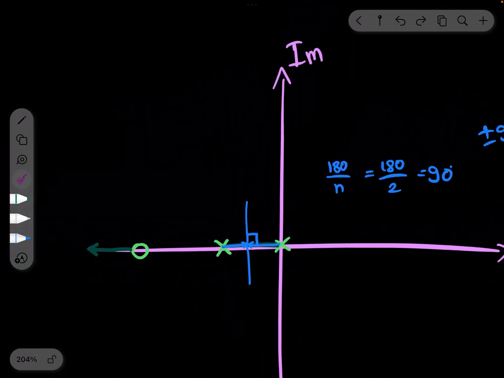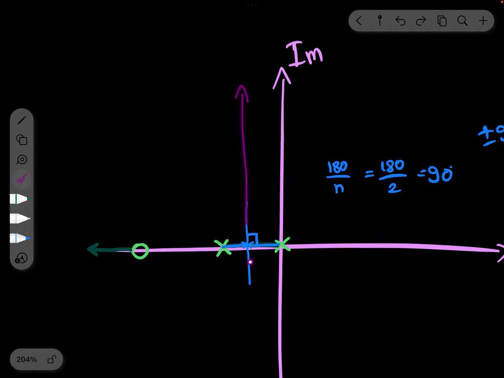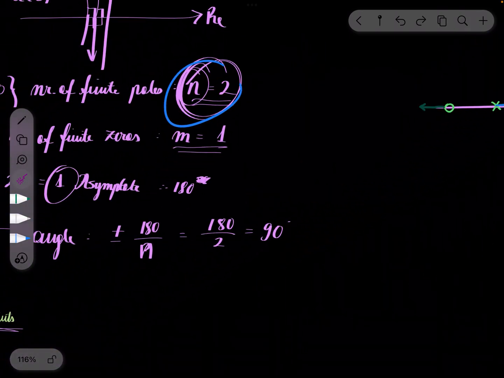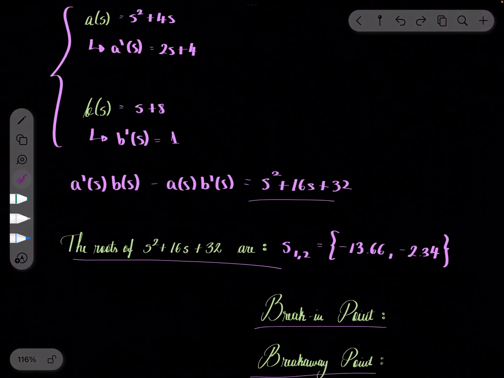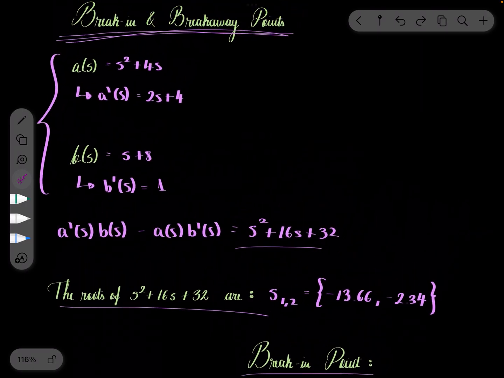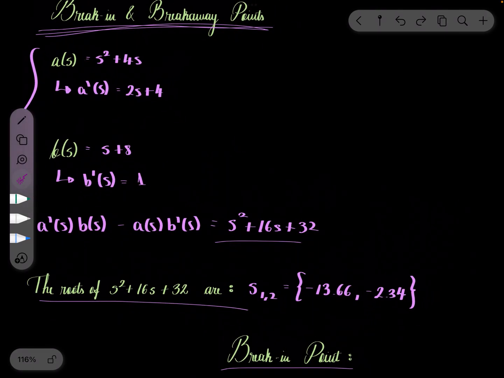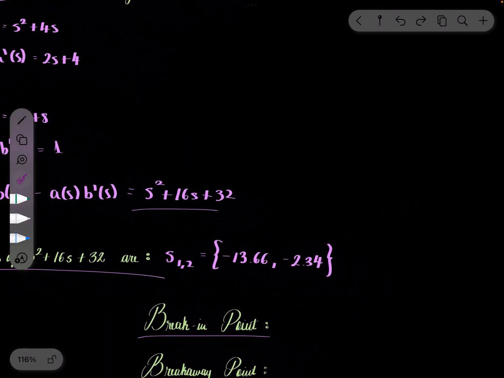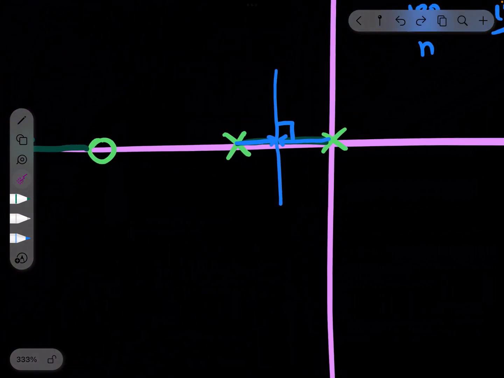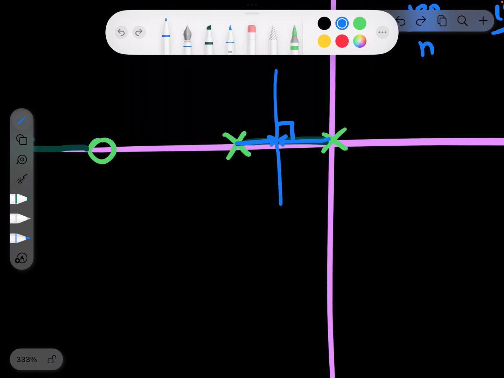Okay. But are they going to go off all the way to infinity? No. They're not, because they're breakaway points. But we established in part 1 that we're going to have break-in and breakaway points because we found two roots basically. So one is at -2.